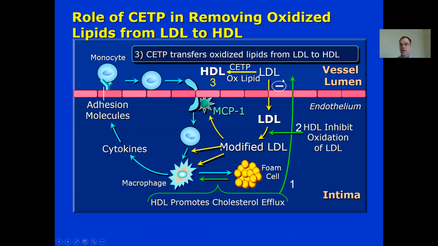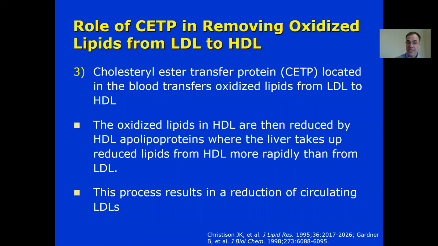By pulling those oxidized lipid droplets off of LDL, it prevents the LDL from becoming modified. So again, that's an important thing. We'll talk about CETP later, but in small amounts, it's a good thing. This is a way that it helps reduce the amount of LDL circulating with these modified lipids that can be easily changed or cause harm in the intima.